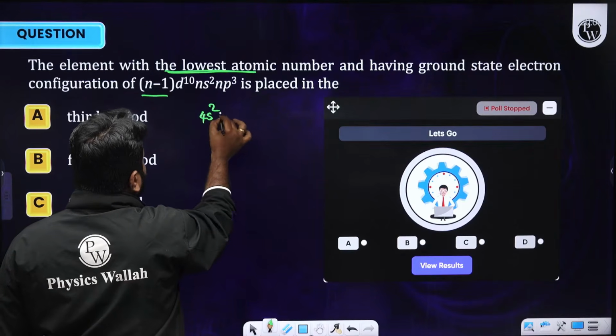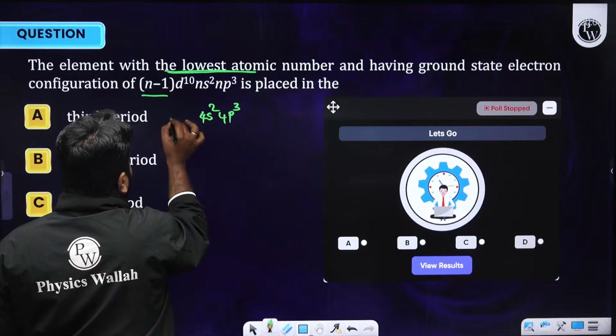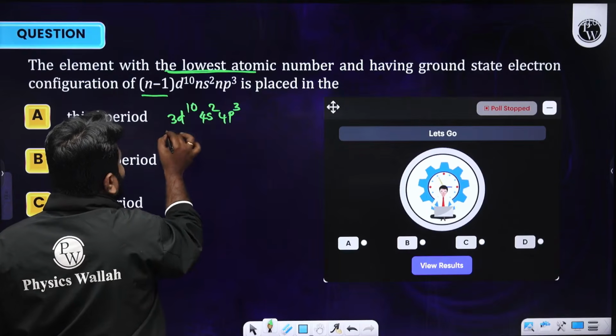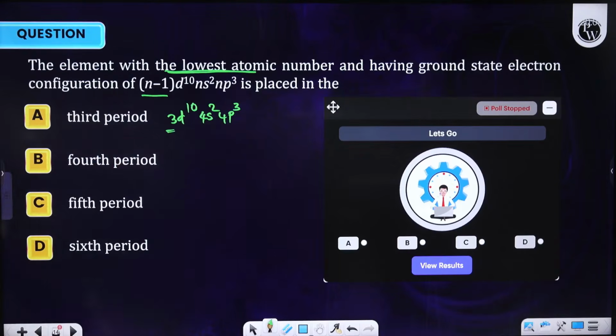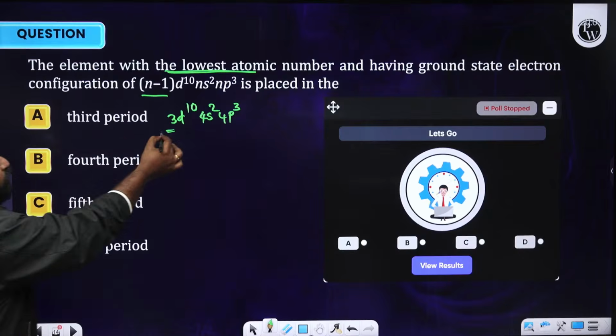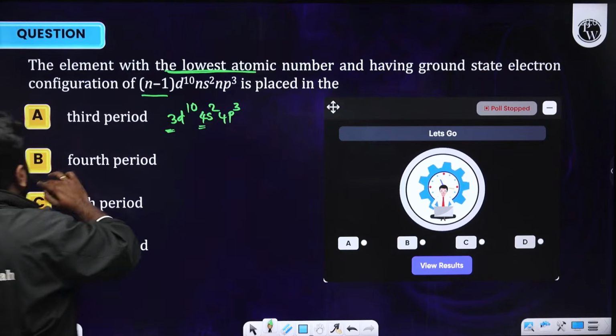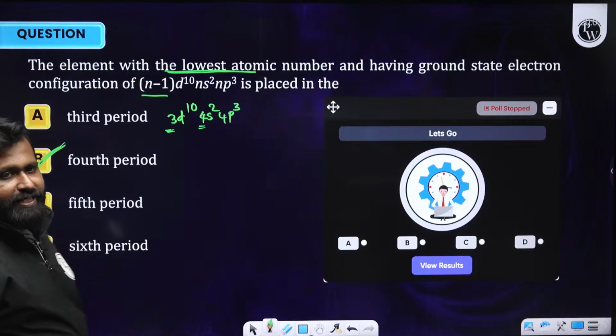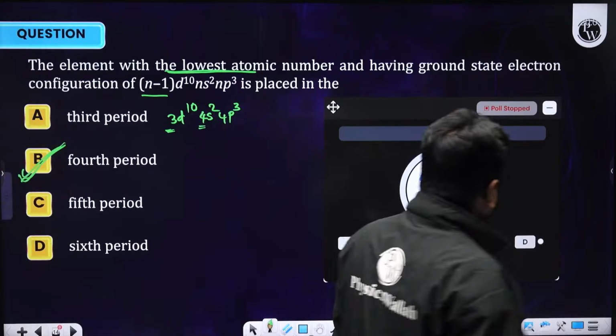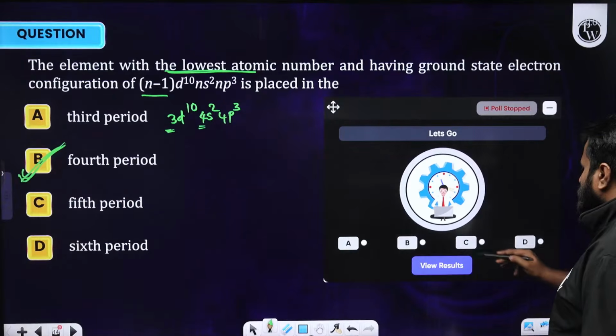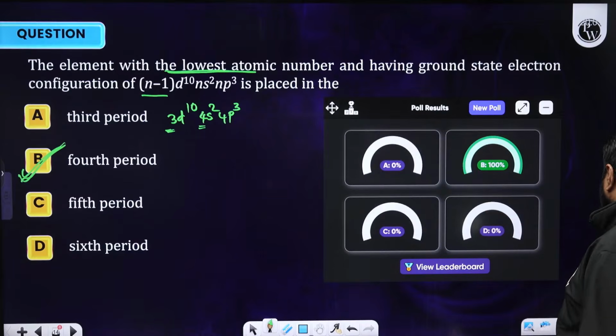So 4s2, 4p3, 3d10. So the ground state electronic configuration is 3d10, 4s2, 4p3. The element with the lowest atomic number, this is the only possibility. So automatically, what will be the period? If n-1 is 3, we will be placing it in the fourth period. Option B is the right answer.